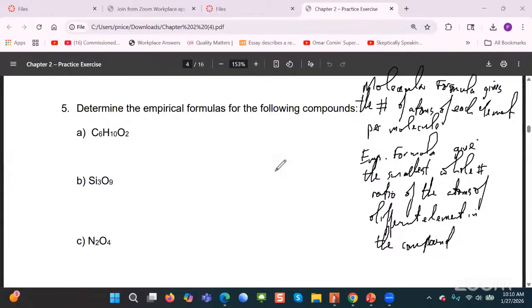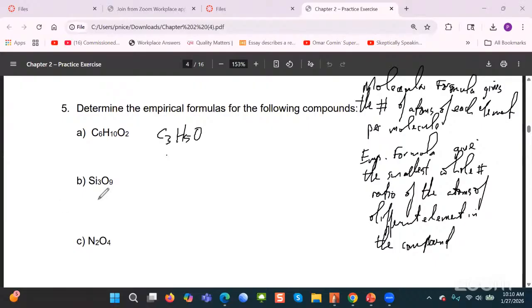For example, in the first one, the formula given is C6H10O2. So you divide the 6, the 10, and the 2 by 2, and therefore the empirical formula would be C3H5O. All right? So that's the answer for 5A.